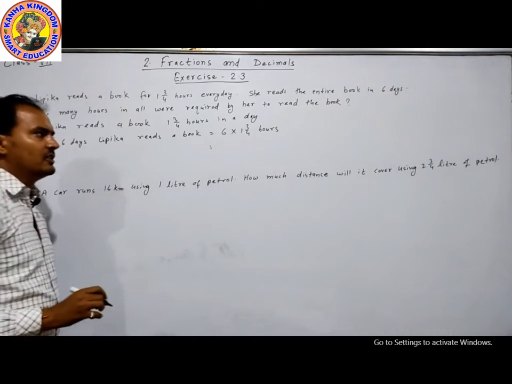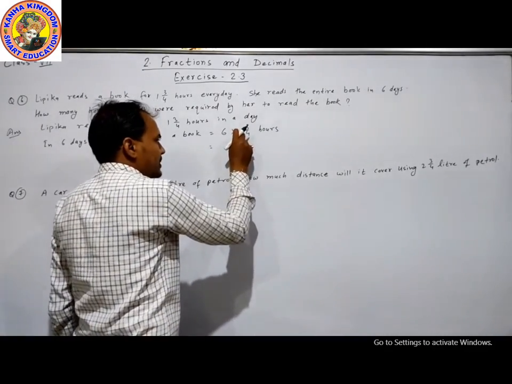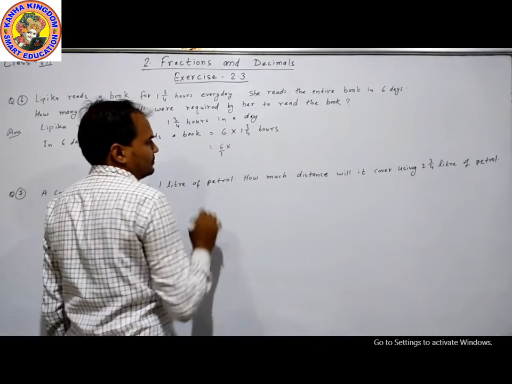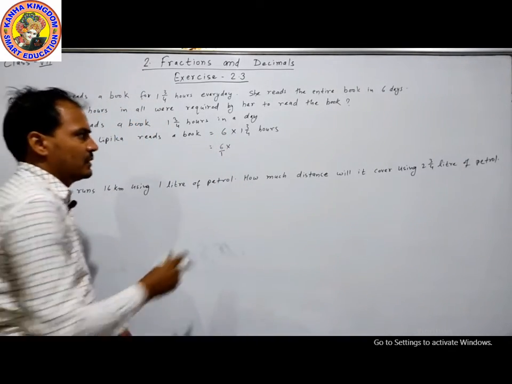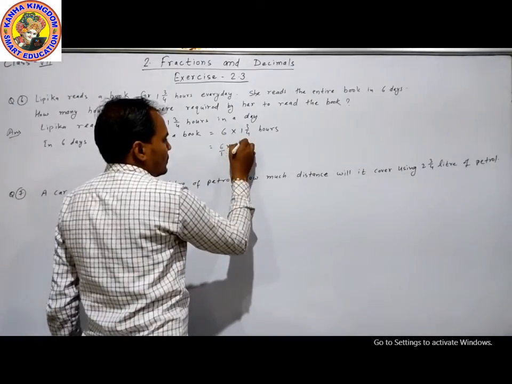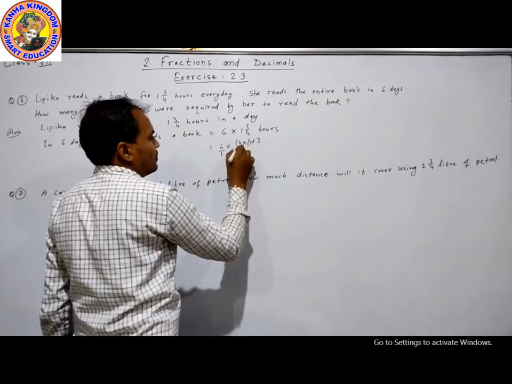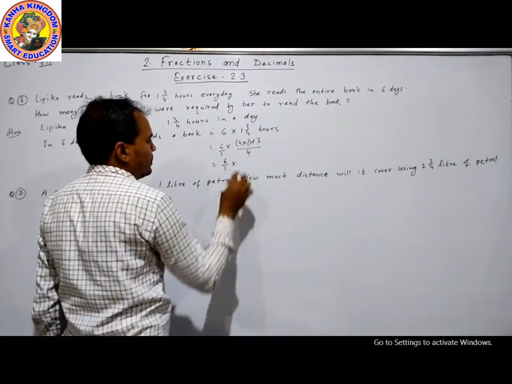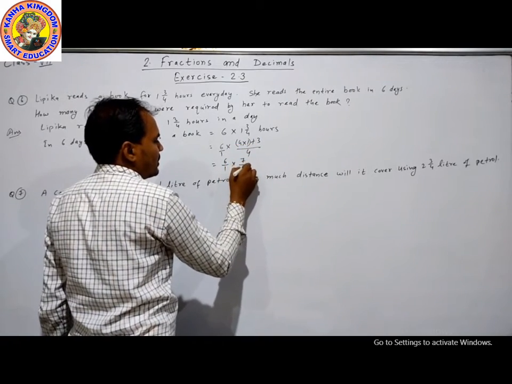First of all, we will change the mixed fraction number to a fraction number. 6 upon 1. 6 is an integer number, so 6 upon 1 is a fraction number. Then 6 upon 1 into 3 upon 4.